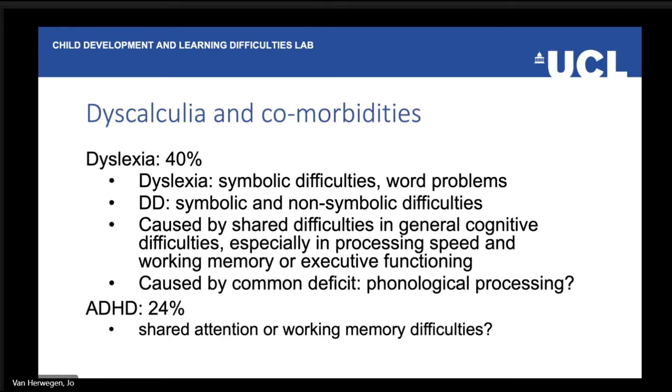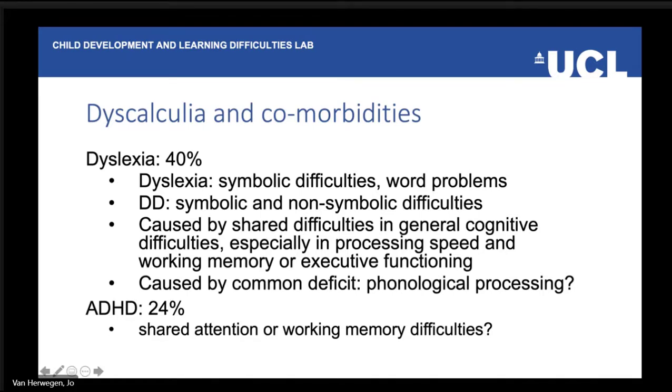We touched briefly on it yesterday, because there's a lot of overlap between mathematical development and language development. In order to be good at maths, you also need to know the words like before and after and larger and smaller and all the language that comes with mathematics as well.